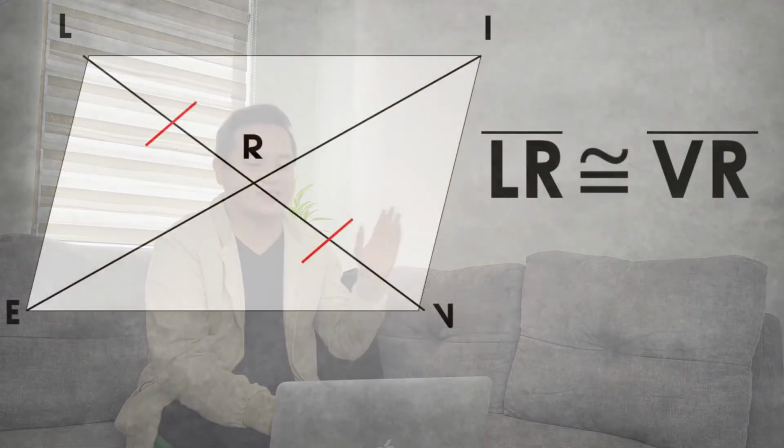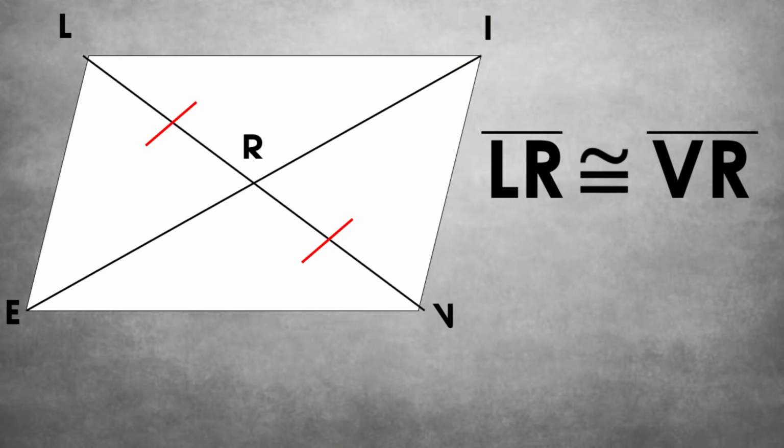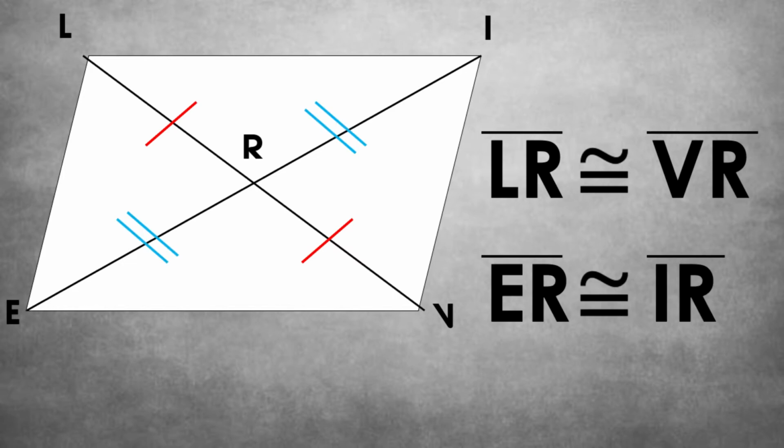So from this given parallelogram, we can say that line segment LR is congruent to line segment VR. That's the first diagonal. The second one is that we have line segment ER is congruent to line segment IR.